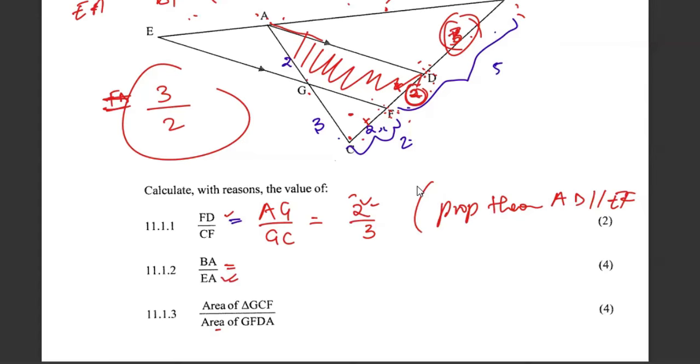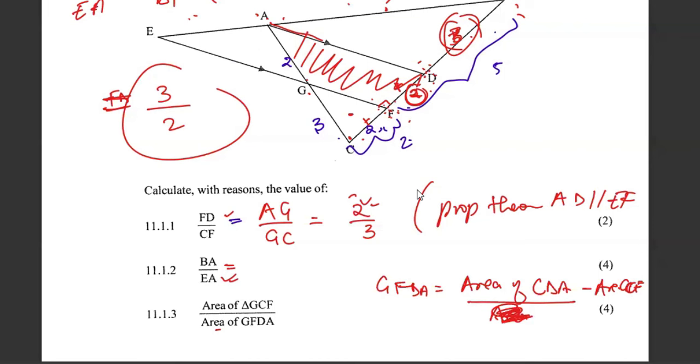Okay, so what's going to happen is I can create the same height, meaning that for me to get the area of GFDA, it's as good as me getting the area of CDA minus the area of GCF.